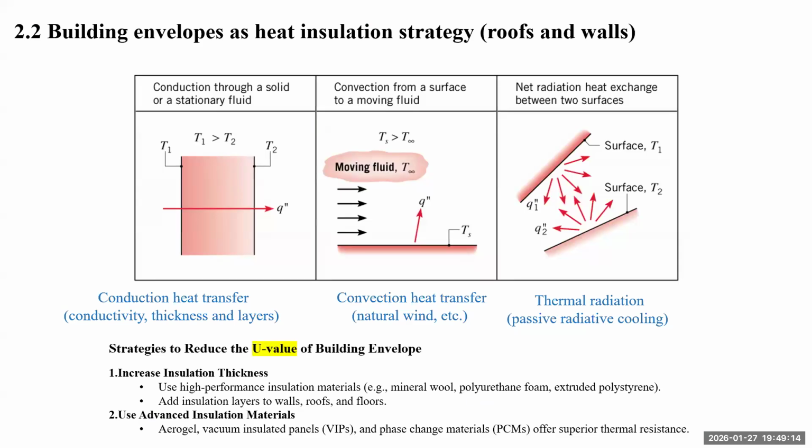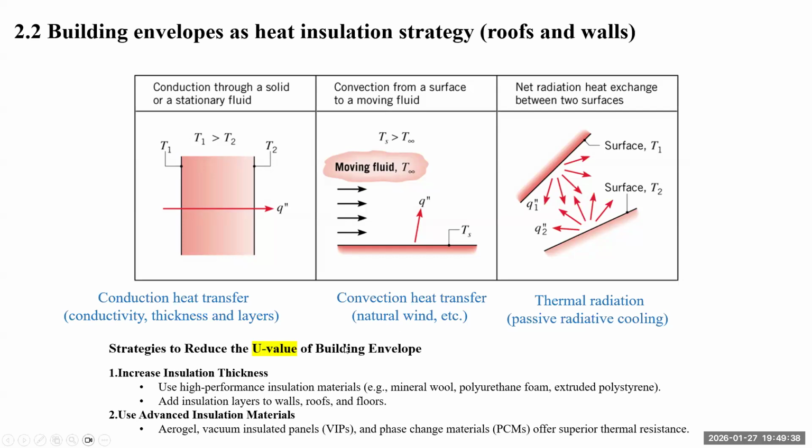And then, what about roofs and walls? Then we come back again to the heat for buildings: convection heat transfer and thermal radiation. For the opaque roofs and walls, what are the strategies to reduce the U value of the building envelope?